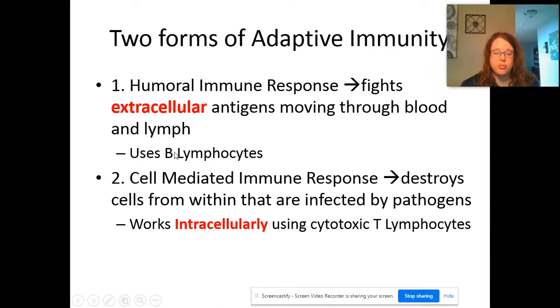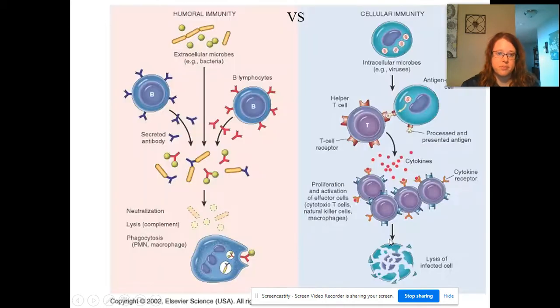And these use those B lymphocytes, whereas cell-mediated works intracellularly. So it will take cells that have been infected and kill those, or make the appropriate response. So cells destroy cells from within that are infected by the pathogen. So intracellularly for cell-mediated, extracellularly for humoral immune response.